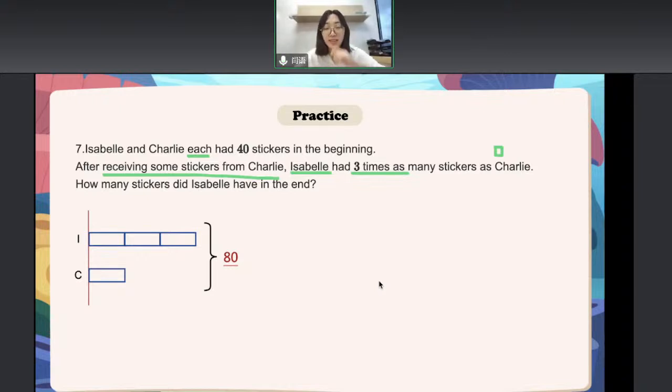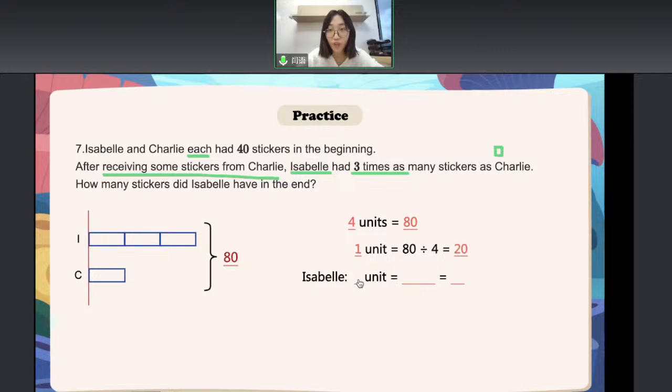Okay. And how many units equals to 80? Yes, we can get 4 units equals to 80. So 1 unit should be equal to 20. So far, any question? Then, what about Isabel? For Isabel, according to our model, you can get she has 3 units.